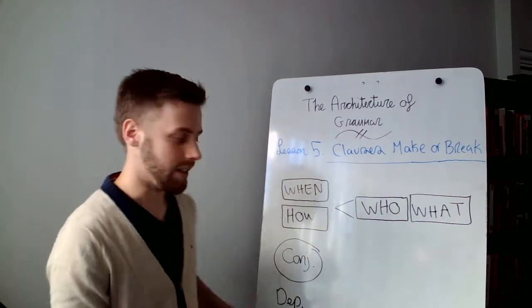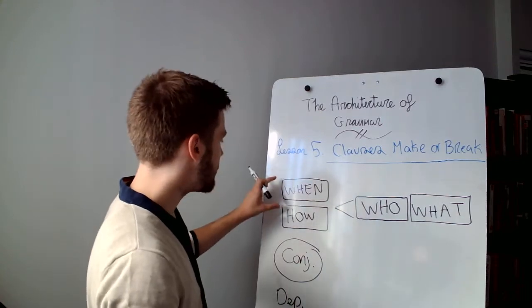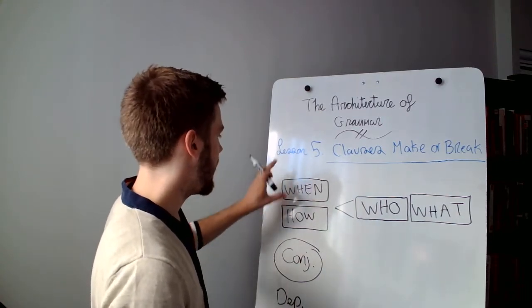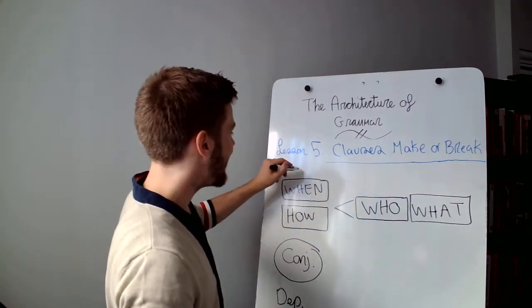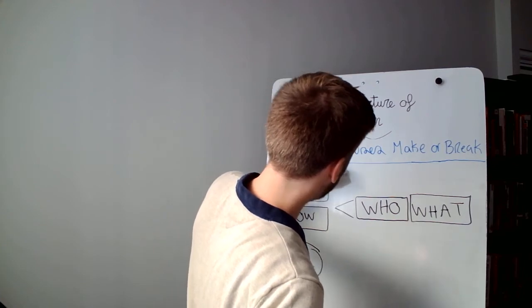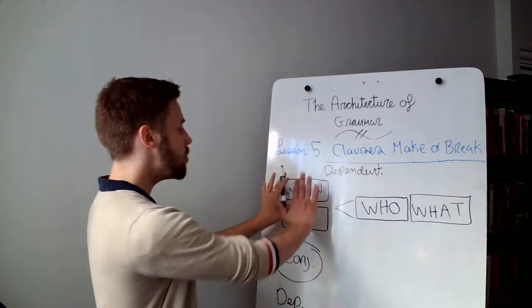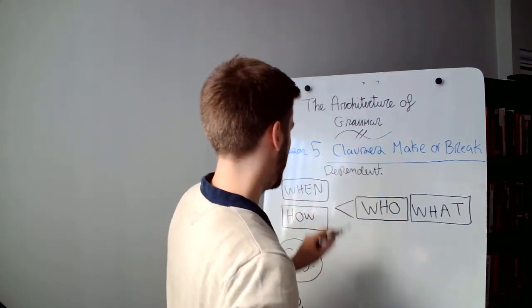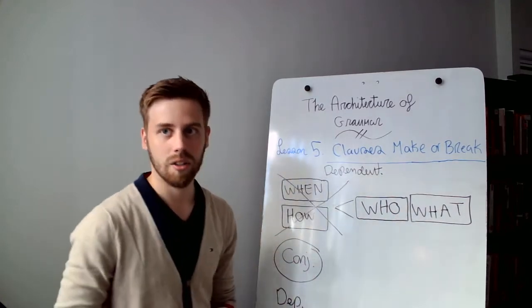So we have the conjunctions, and so the who and the what are greater than the when and the how. When we add this, we've made the clause dependent. However, if we remove the when and the how, it becomes an independent clause.